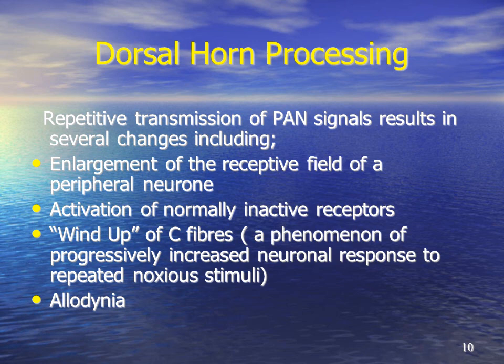Allodynia is where a sensation which is normally not painful then becomes painful. And this term should be differentiated from hyperesthesia, which is the term used when a painful stimulus causes a much more heightened pain response than one would normally expect.